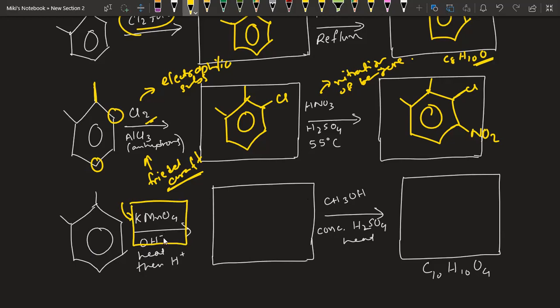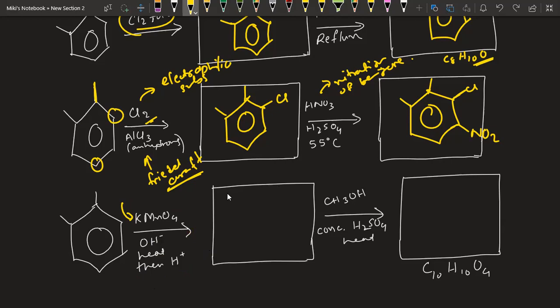After this alkaline oxidation happened, heat was applied, then H plus. So we can also say that KMnO4, OH minus, heat was applied, then H plus was added to the resulting solution. That means on the product we found, we applied H plus.